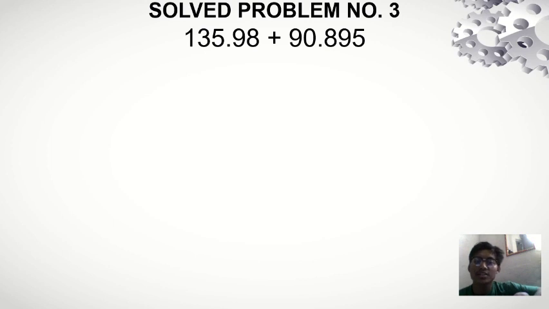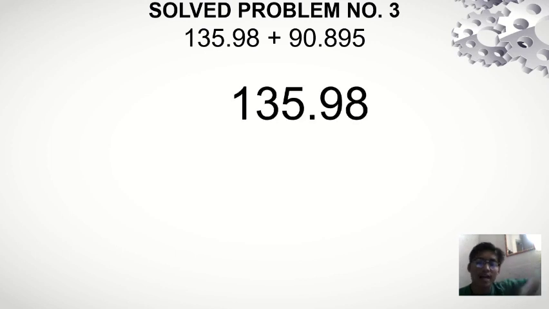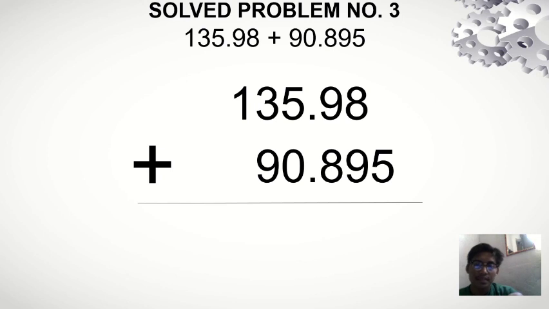Now, let us proceed in third example. So, we have 135 and 98 hundredths plus 90 and 895 thousandths. Now, how we're going to add that? So, dapat naka-column siya. Then, dapat nakatapat diba ang ating decimal point? So, bring down natin yung 5.